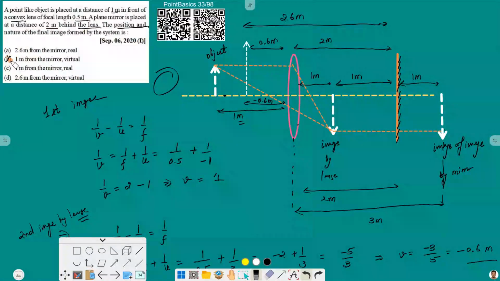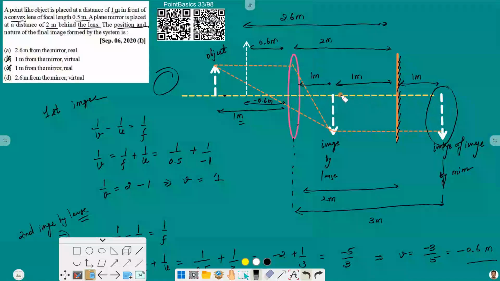So options B and C are rejected, and we have to find out whether it will be a real image or a virtual image. We assume it as a normal object. This image, which was virtual, is acting as the object for this lens, and we consider it as a normal object.